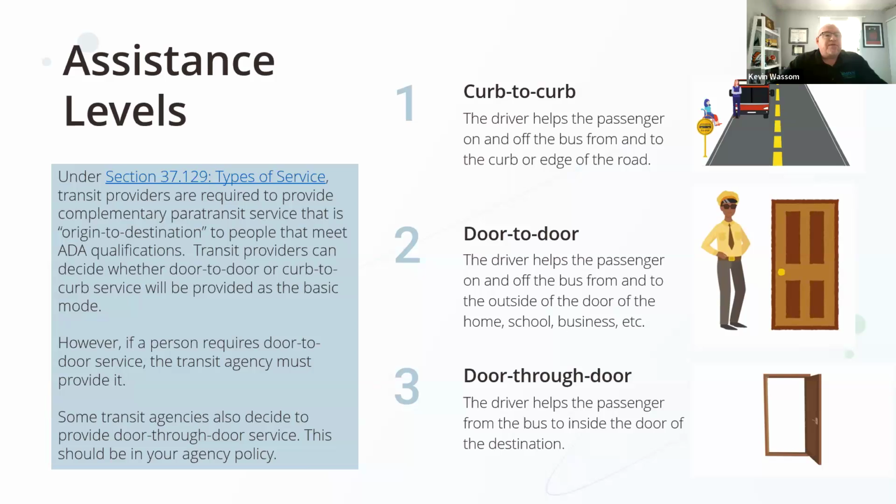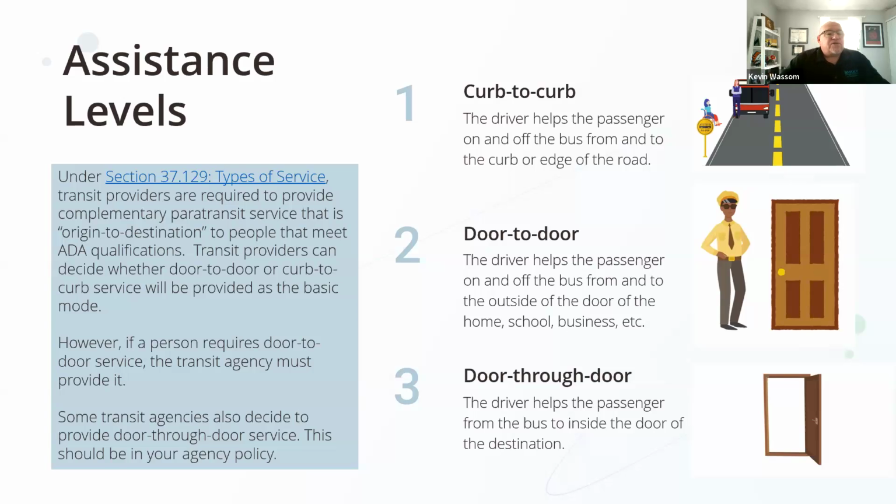Okay, now the varying levels of assistance that you may be in a position to provide to ADA passengers. Section 37.129 outlines all of these different scenarios and responsibilities.